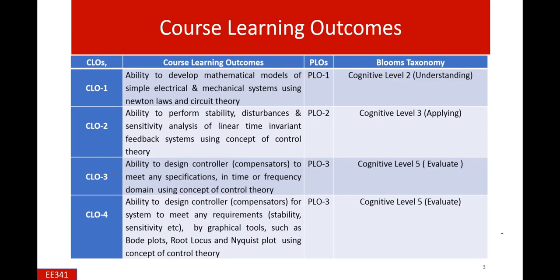After covering the modeling, we start the analysis part with the discussion of transient analysis. In transient analysis especially, we derive specific relations to define the specific parameters which will be helpful to design the systems.